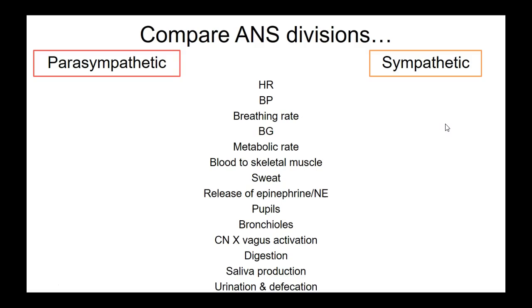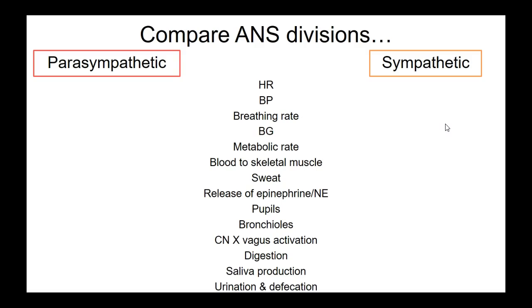Blood glucose. Is that going up or down with parasympathetic? Down. Remember, we're taking that blood glucose and we want to store the excess for use later. So we're decreasing blood glucose, which means glycogen synthesis is going up with parasympathetic.